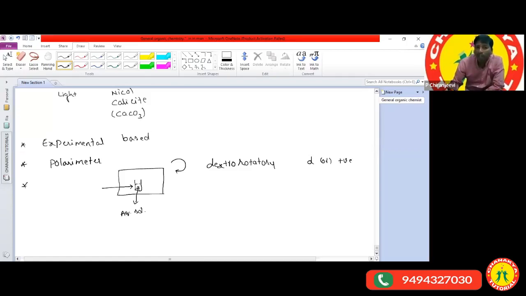When the optically active compound rotates the plane polarized light to the left hand side, that is the anti-clockwise direction, we call it levorotatory. Levorotatory is represented with a small l, or with a negative sign.